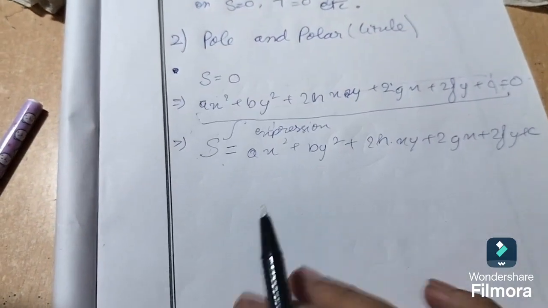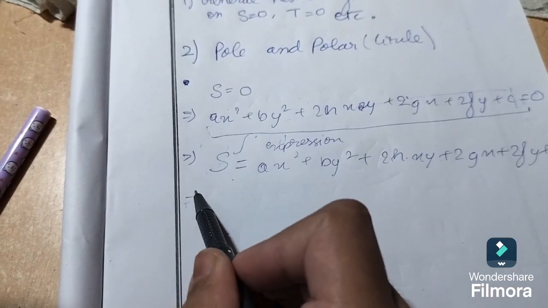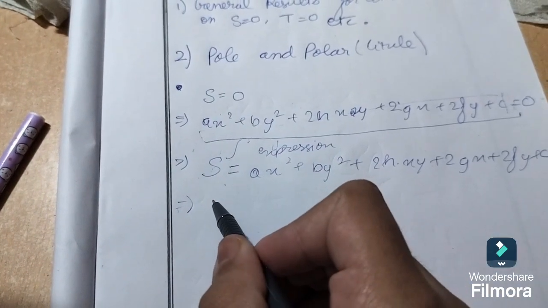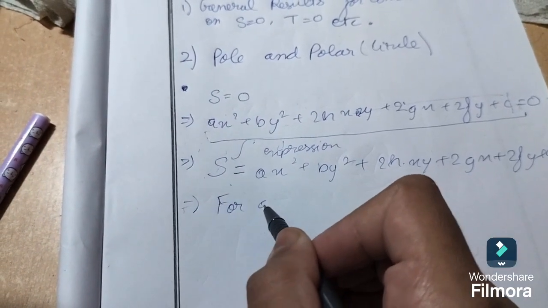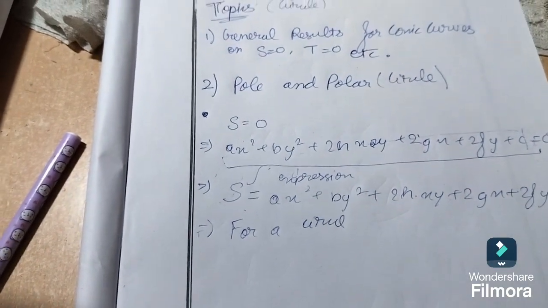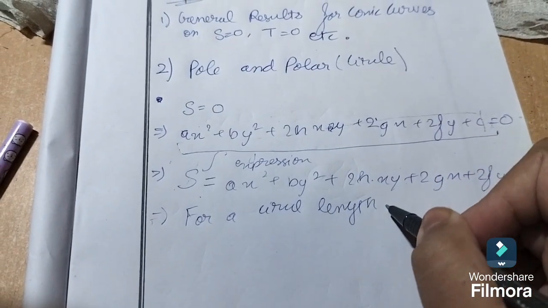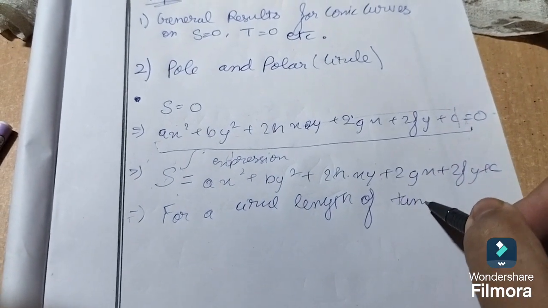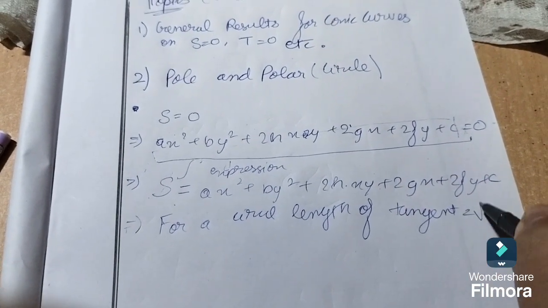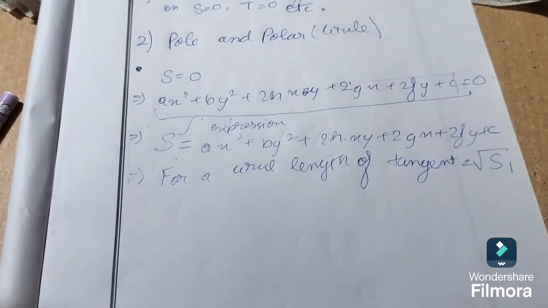Now we come to the point. First of all, a general result: for a circle, the length of tangent is equal to root S1. Now what S1 is, I will explain now.